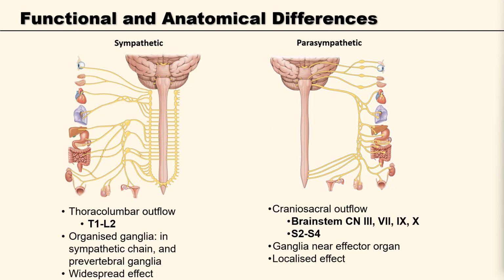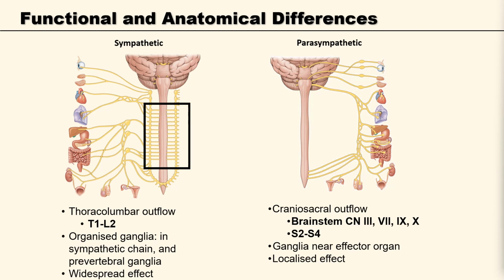However, what is really useful is how we divide up the origins of each of the autonomic systems. The sympathetic nervous system innervation to the organs arises from something we call the sympathetic chain and the paravertebral ganglia.